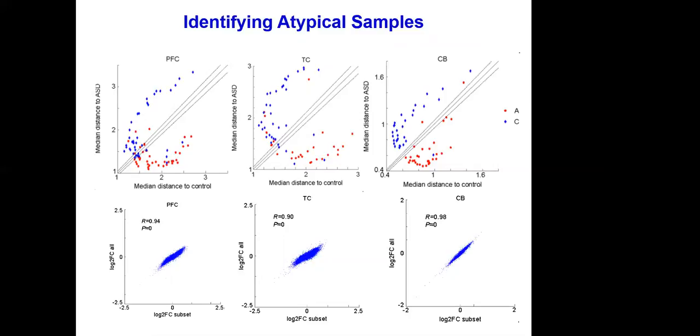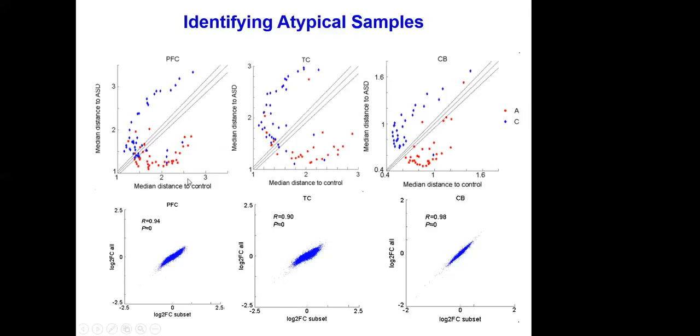Let's see if we can find a subset of autistic individuals who have a common epigenomic aberration. So we said we're going to discard the atypical autistic individuals, the ones who have atypical epigenomes. This is an XY plot. For each epigenome, for each individual, we ask how far it is from the others. Each dot is one epigenome, one individual, one brain sample.